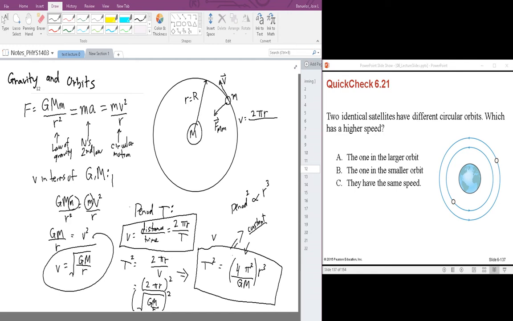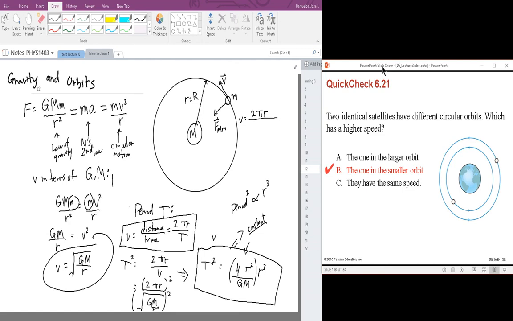So that means that the object that is further away is going to have a larger radius, so it's going to have a larger period. That means that the one with the smaller orbit, because it has a shorter period, is going to be traveling a lot faster than the one that's further away.